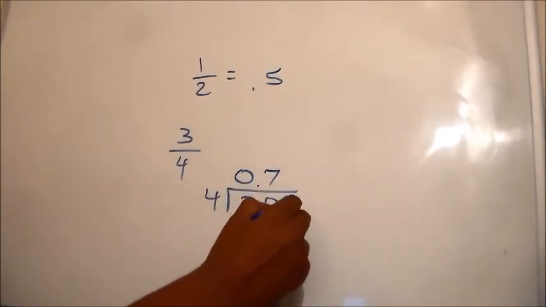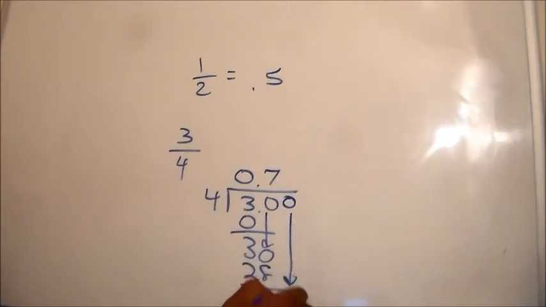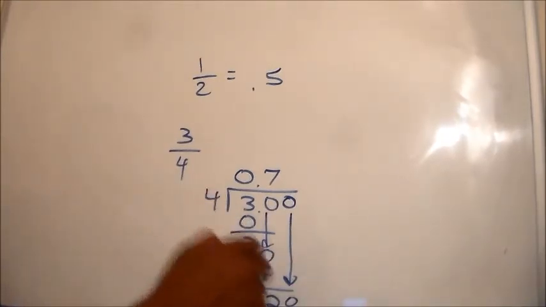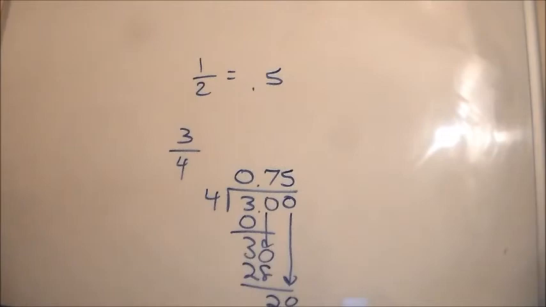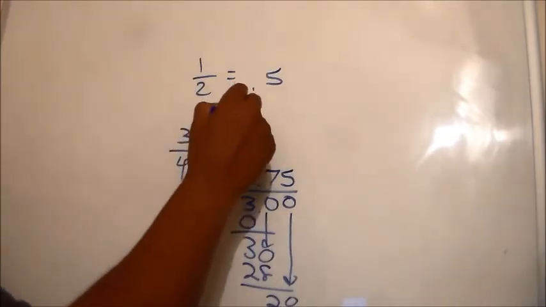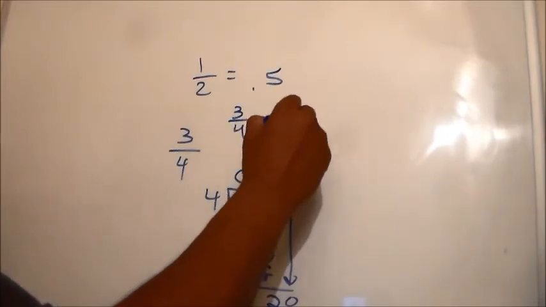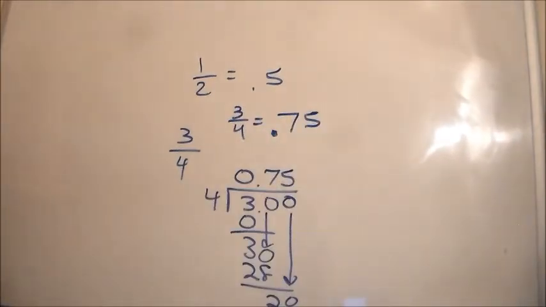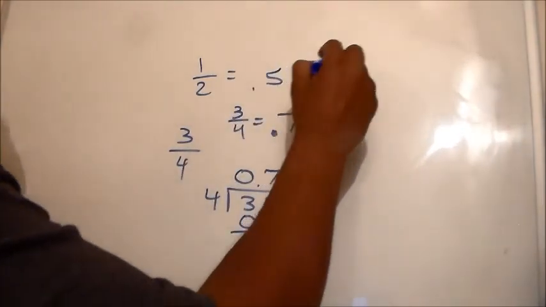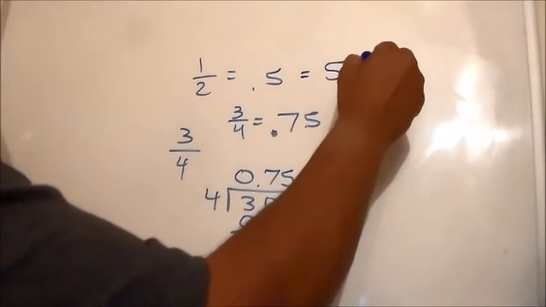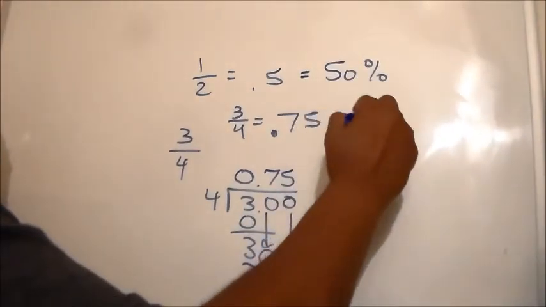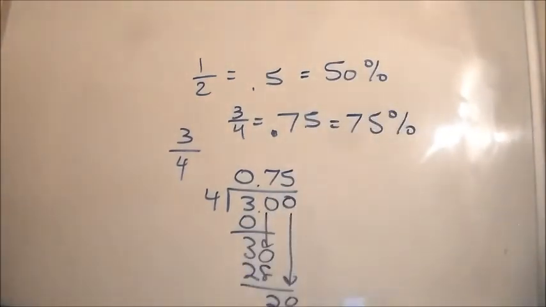We add another 0, that will fall down. 20, 4 goes into 20 five times. So 3/4 is equal to 0.75. That is decimal form. In percentages, I'm not going to do that right now, but this equals 50%. This equals 75%. But we'll do that in a different video.